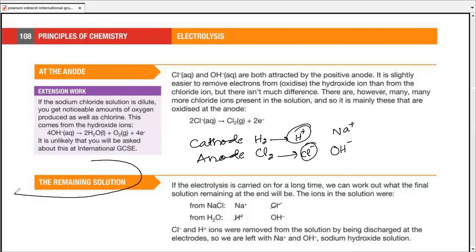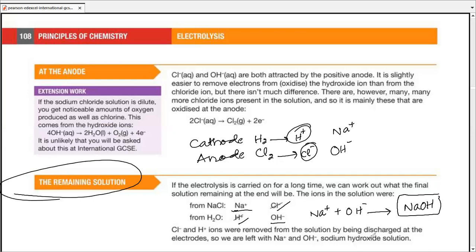So let's talk about the remaining solution. We had this ion and this ion left out. We have already used this at the cathode and this at the anode. So these two ions which are left in the system react with one another and form something new, that is sodium hydroxide in the solution.